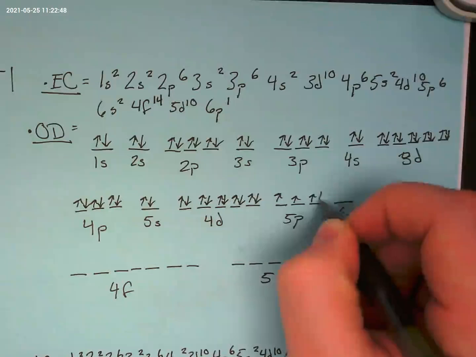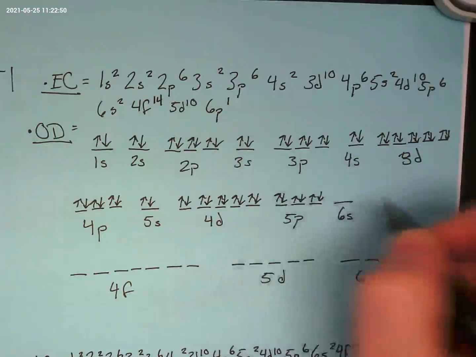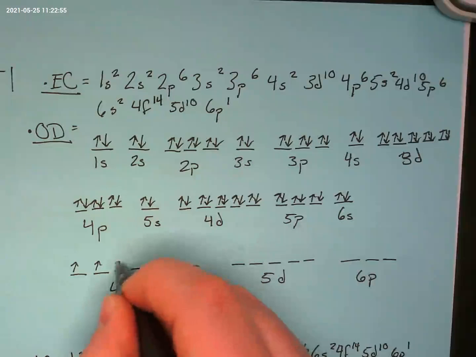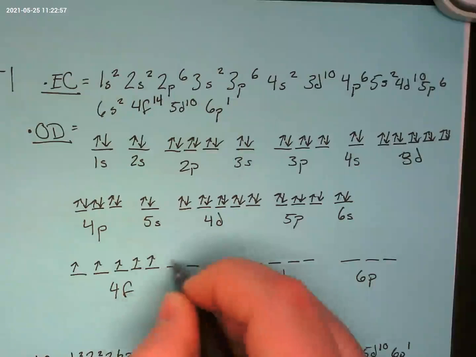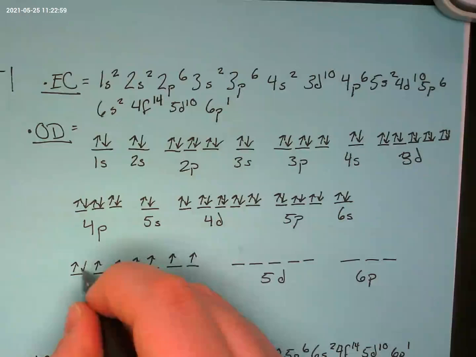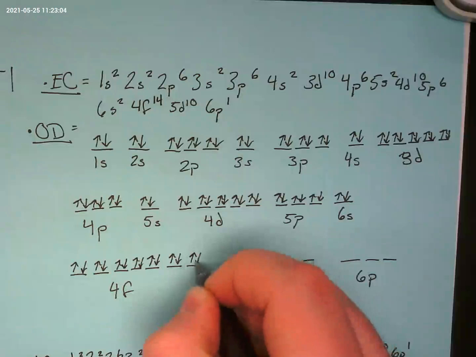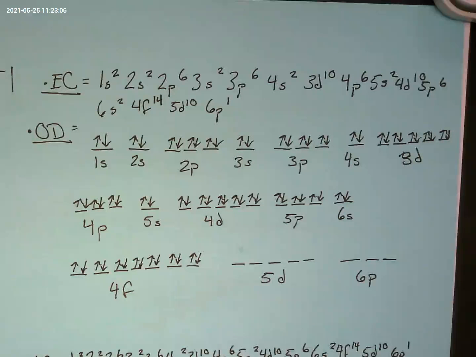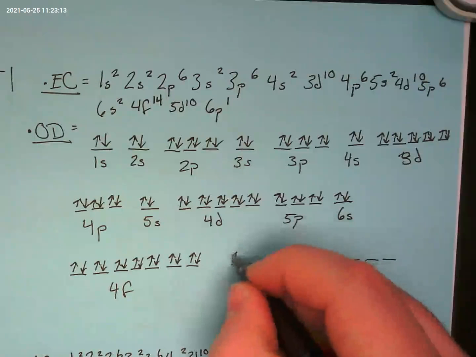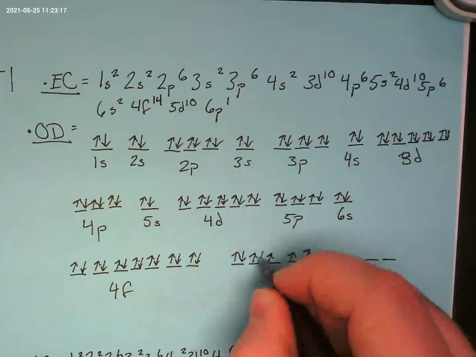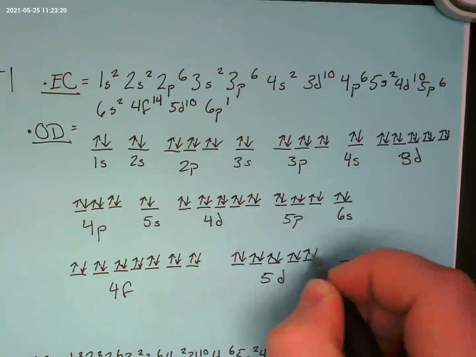I went the opposite direction. In this case it's okay because we're practicing super simple orbital diagrams here, but we do need to fill them in ups first from left to right, and then downs after from left to right.